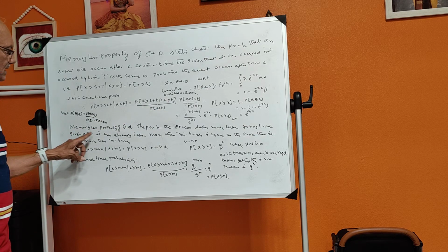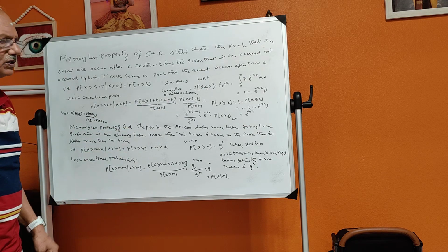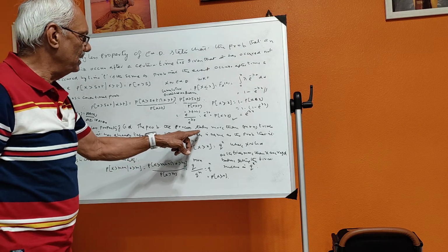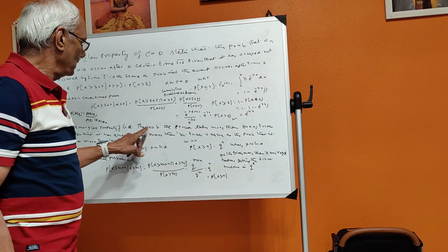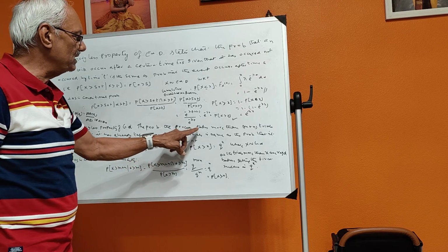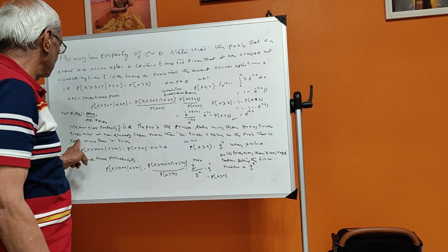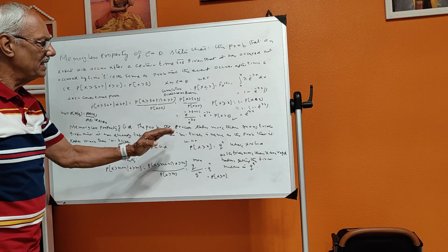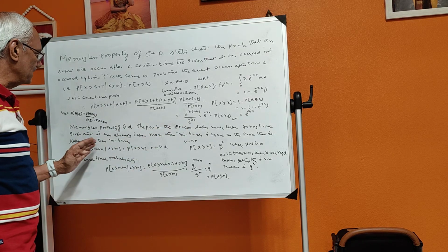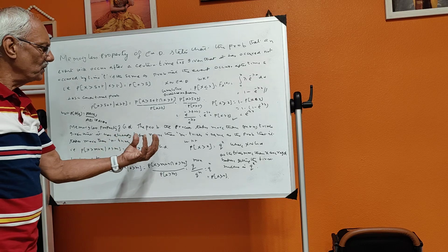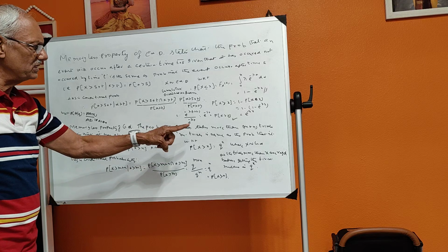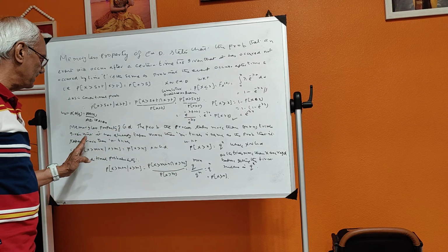Now let us come to the memoryless property of the geometric distribution. This property says the probability that the process takes more than m plus n trials, given that it has already taken more than m trials, is the same as the probability that it takes more than n trials.